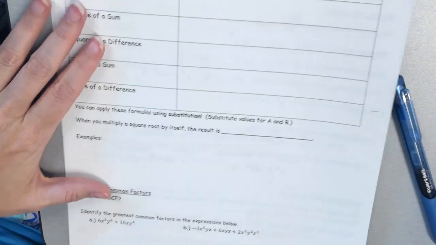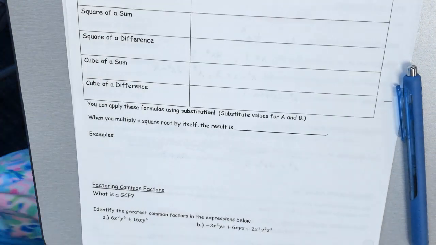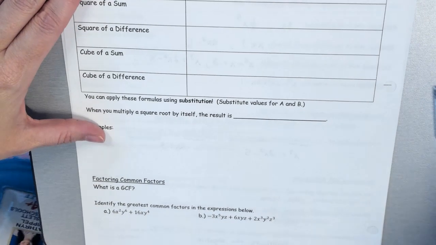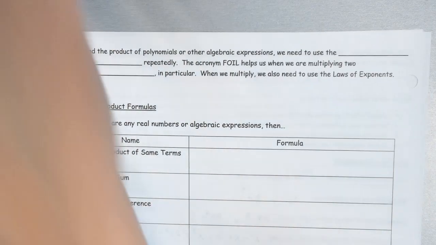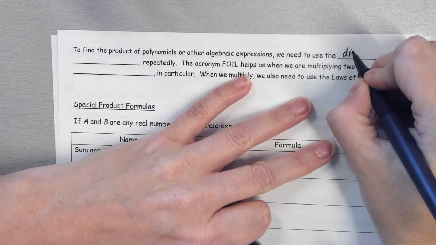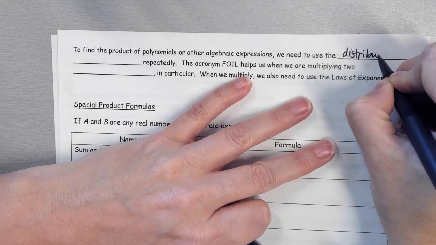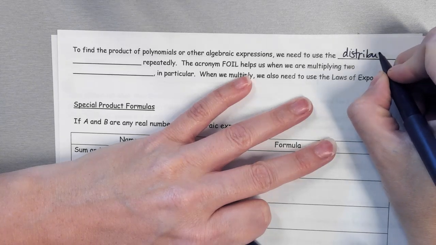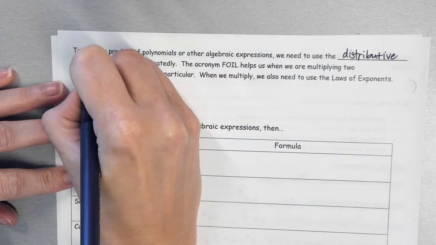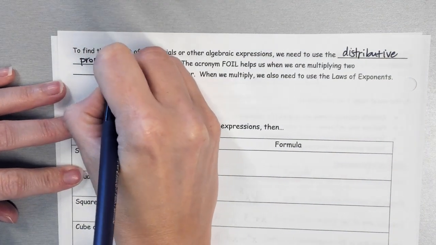All right, so to find the product of polynomials or another algebraic expression, you are going to use the distributive property. Okay, and we do this repeatedly.